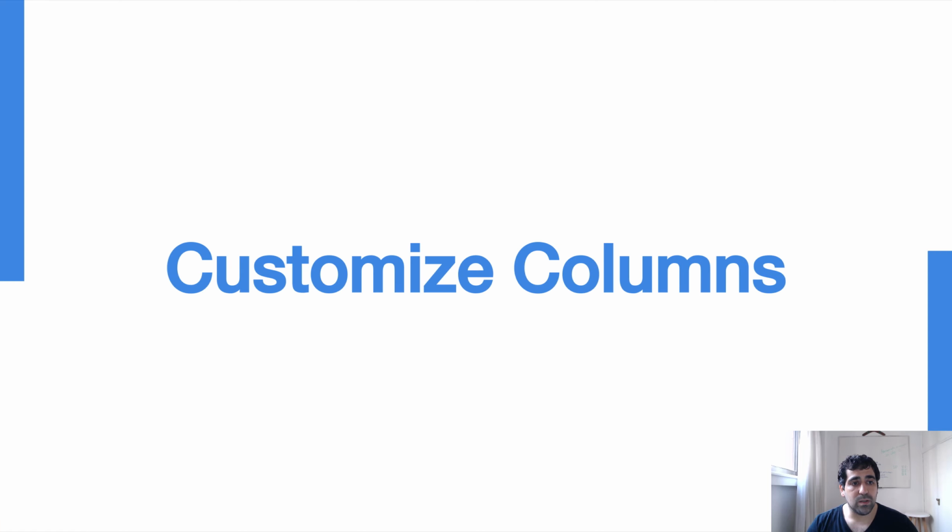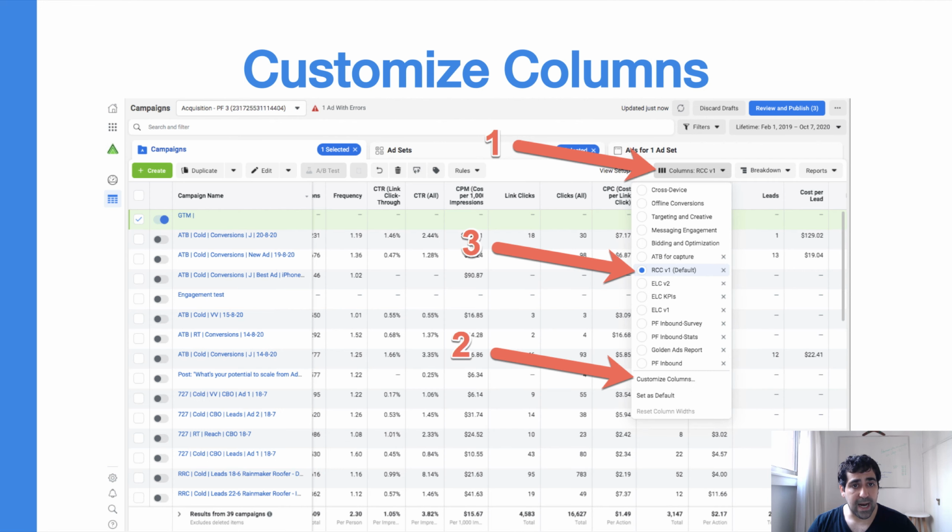You might want to customize your columns so that you can check the metrics that you want, as I've done it here on this screen. If you want to start checking your metrics, there is a default. One of the default ones is called performance and clicks.